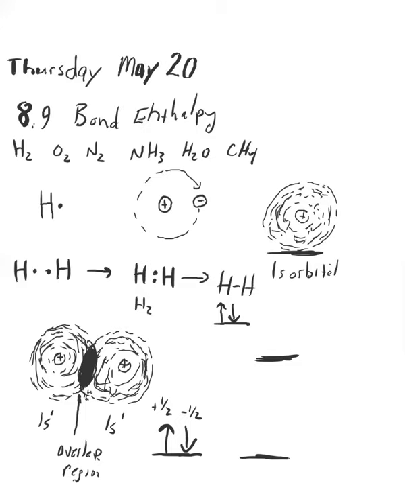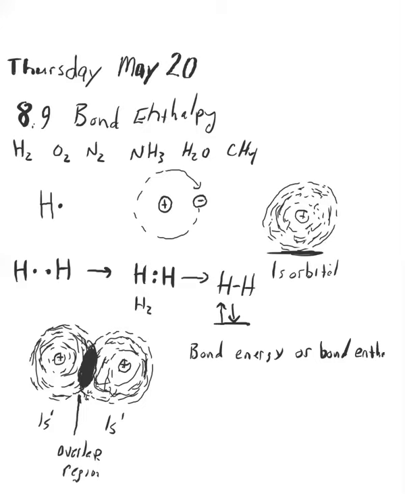Overall, it's attractive. And so what we do is we measure how strongly attracted they are, and we use the term bond energy or bond enthalpy to describe how strong the attraction is between these two atoms.